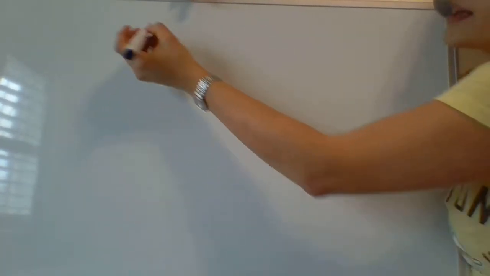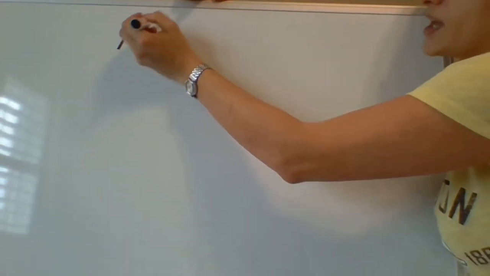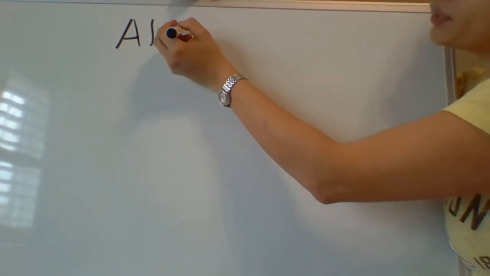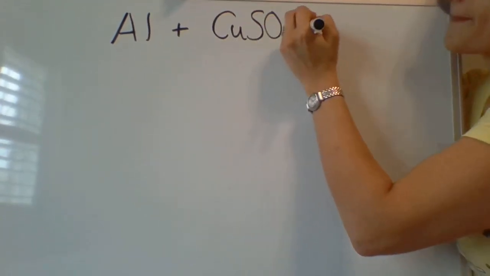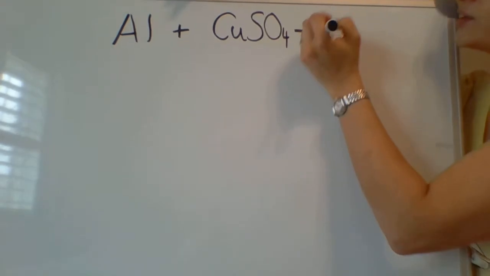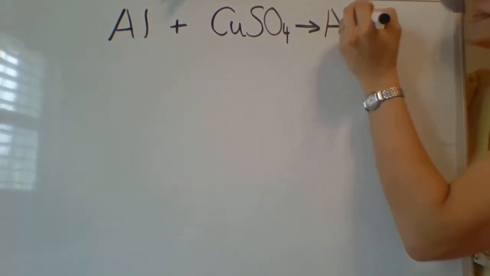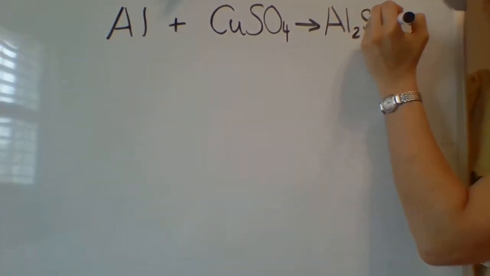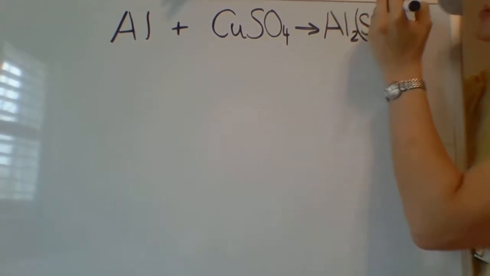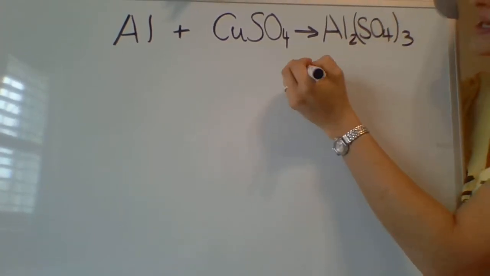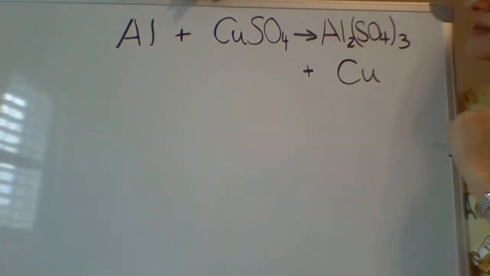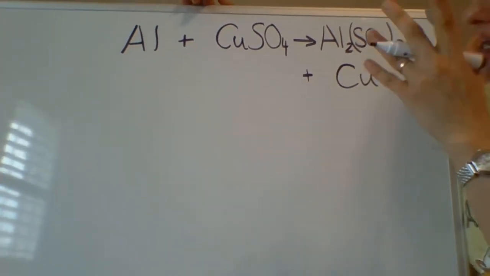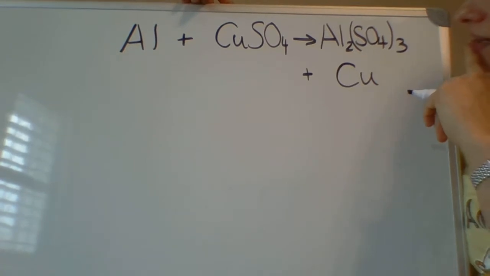So let us look at this equation. Aluminum plus copper sulfate, giving us aluminum sulfate, and multiply that by 3, plus copper. Okay, so in this case, again, we have to look at balancing.